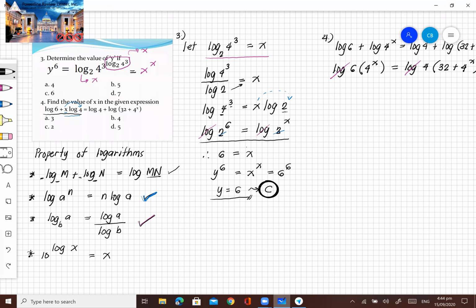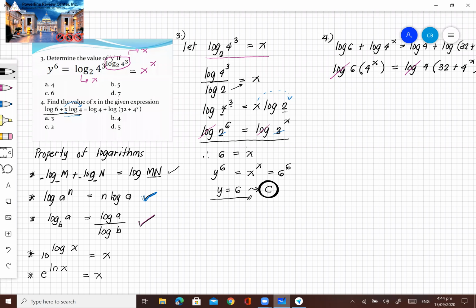Sir, bakit po natanggal? Kasi ang base ng ating logarithm, that is 10. Okay? Which is also the same as your natural logarithm. Diba, naalala? E raised to log of x, that is also equal kanina, x.